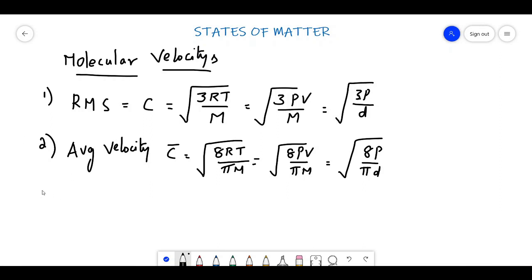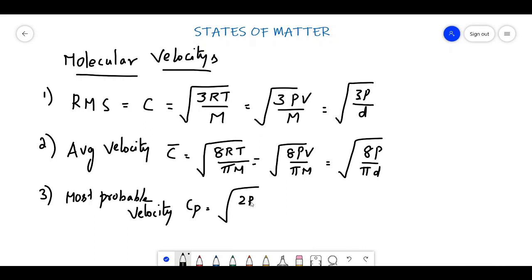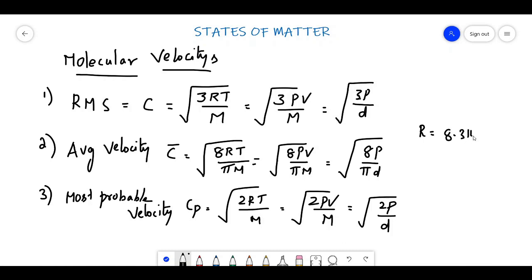And one more velocity is there, the most probable velocity, denoted by Cp, and Cp is equal to under root of 2RT by m, which is equal to under root of 2PV by m, and also equal to under root of 2P by D. And here the R value you have to take as 8.314 into 10 to the power of 7.